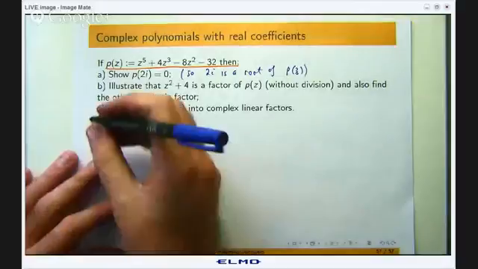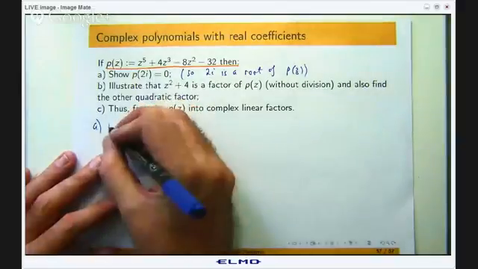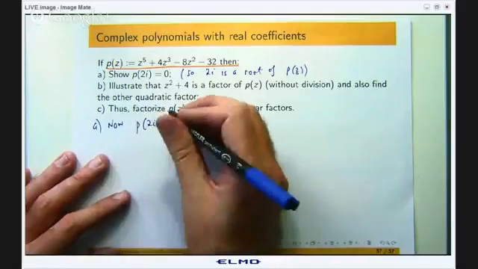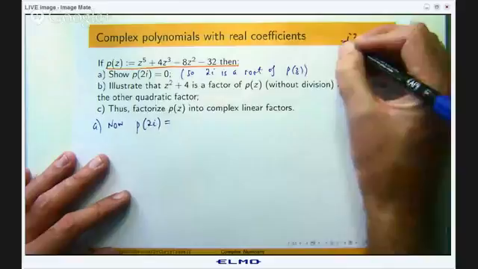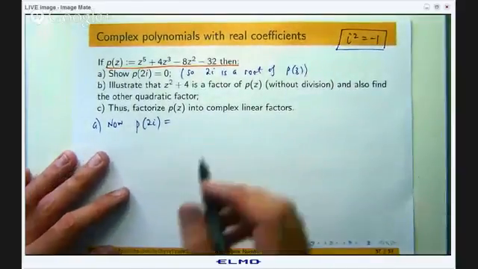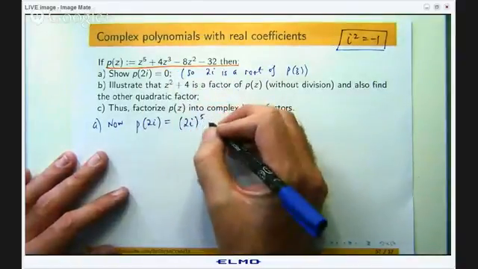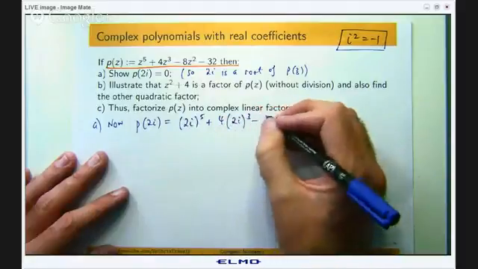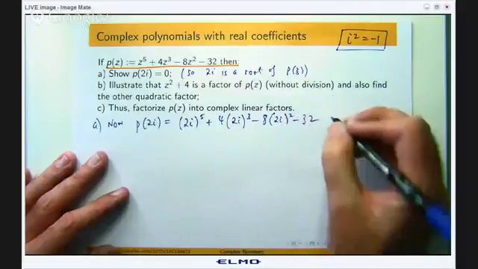Okay, so the first thing we're going to do is show that 2i is a root of the polynomial. Now this is pretty easy, and I'm not going to do all the calculations for this, but the critical thing to remember is that the imaginary unit, i, satisfies i squared equals -1. So what you would do, you would put 2i in for z, and you would expand this.